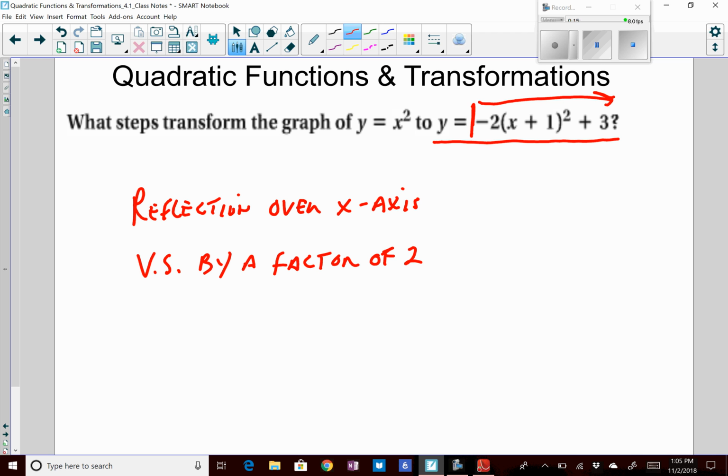Inside the parentheses is telling us there's horizontal translations going on. So since it's x plus 1, again, we know we're dealing with x minus negative 1. So if h is negative 1, that means we have a translation to the left by 1 unit.